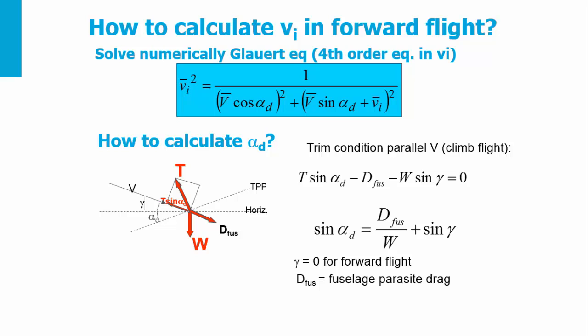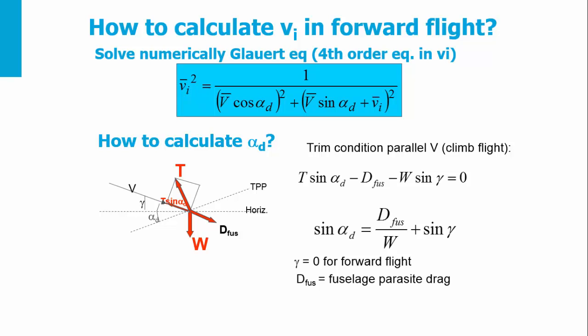You see that the forces acting on the rotor are the thrust, the weight, and the drag of the fuselage. If you represent these helicopter forces acting at the tip-path plane, the equilibrium of them in the axis of the velocity will give you a formula for sine alpha d, where gamma, you see, is the flight path angle.